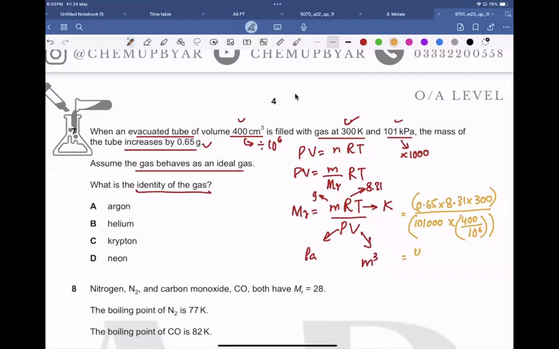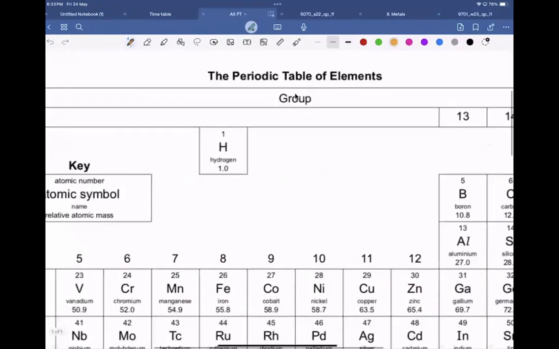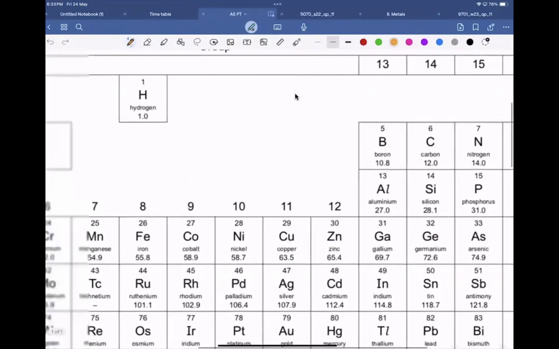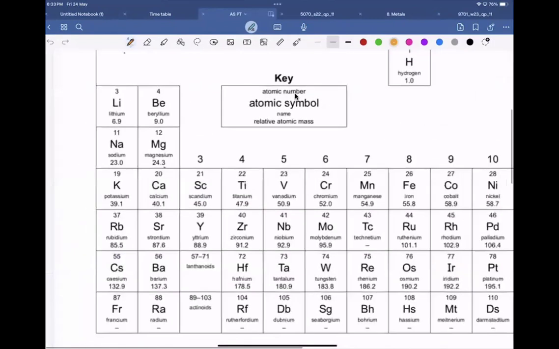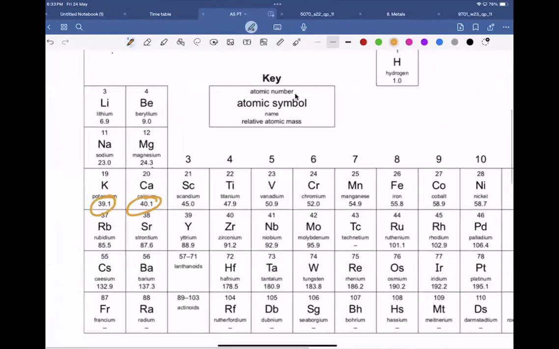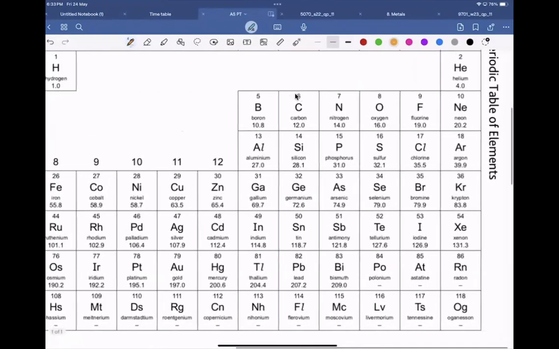40.1. Thank you, Hassan. So if we see 40.1, okay, so 39.1 is potassium, calcium, and argon.